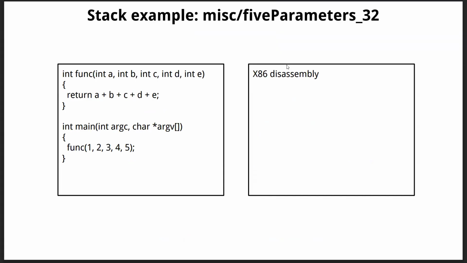In a 32-bit machine, the rule is we're going to push each of them onto the stack, right? So we should push 5, push 4, push 3, push 2, push 1. Okay. For a 64-bit machine, it's different. We have enough registers to pass the first 6 parameters. So that 5, 4, 3, 2, 1 will not be pushed onto the stack. They will just go to those registers.